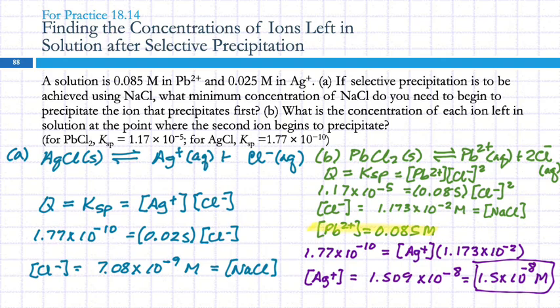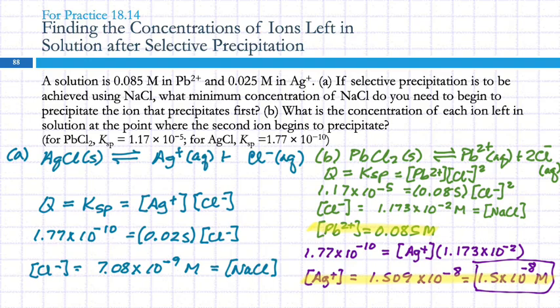So there's the lead ion concentration and the silver ion concentration. Is this a small number? Yeah, it is. That's smaller than the concentration of hydrogen ions in water. It's a small number.